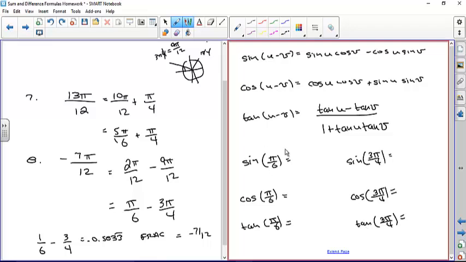The sine of pi over 6 is a half. Cosine is the square root of 3 over 2. Tangent is square root of 3 over 3. And 3 pi over 4 is in the second quadrant, so the sine is positive. Cosine is negative. Tangent is negative.